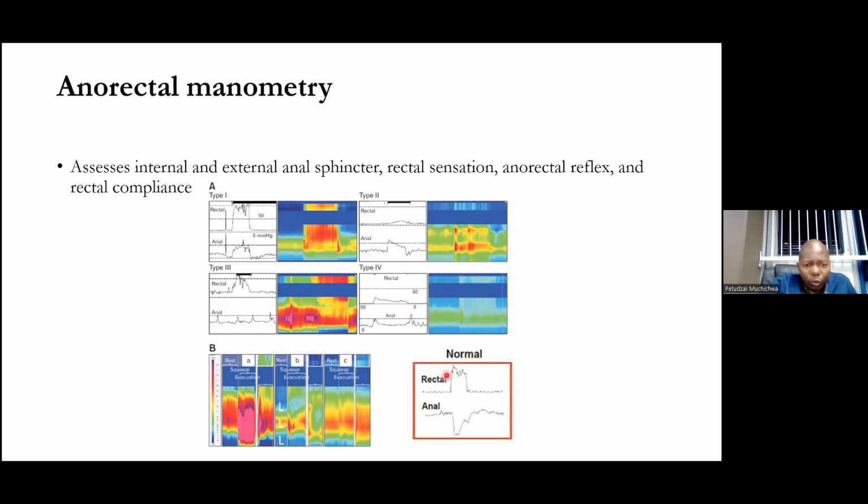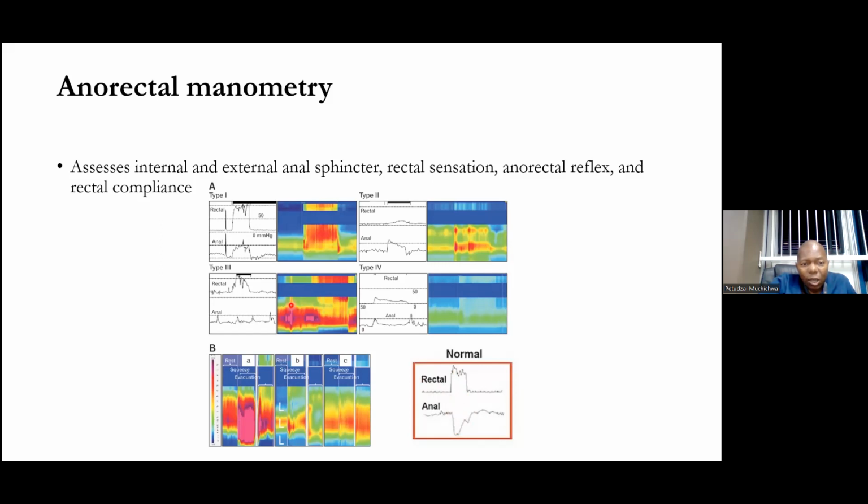Normally, when you are passing stool or defecating, you have an increase in the rectal pressure with a subsequent simultaneous relaxation of the anal sphincter. So that's the normal physiology when we are defecating.